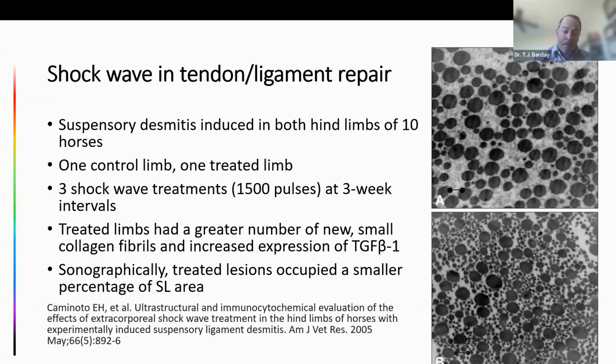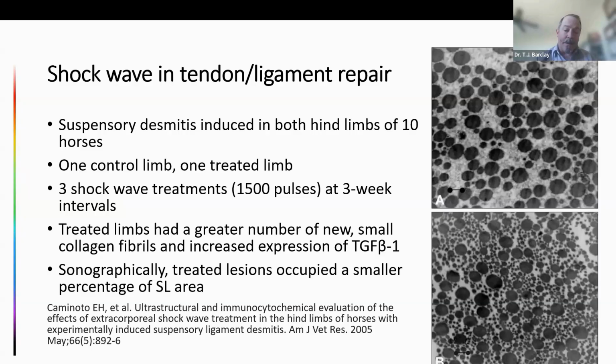And so each horse had a suspensory lesion induced in both front limbs. One of those served as a control, and then another one received 3 shockwave treatments performed at 3-week intervals.